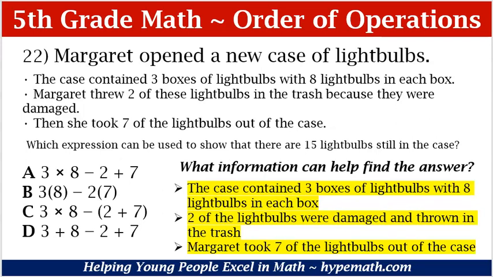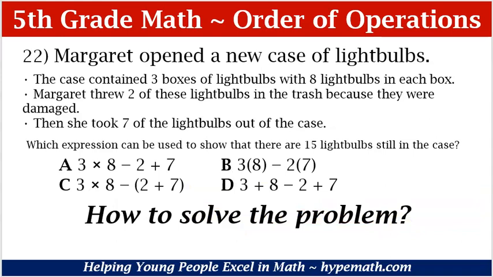Number 1, the case contained 3 boxes of light bulbs with 8 light bulbs in each box. Secondly, 2 of the light bulbs were damaged and thrown in the trash. And lastly, Margaret took 7 of the light bulbs out of the case. How to solve the problem?